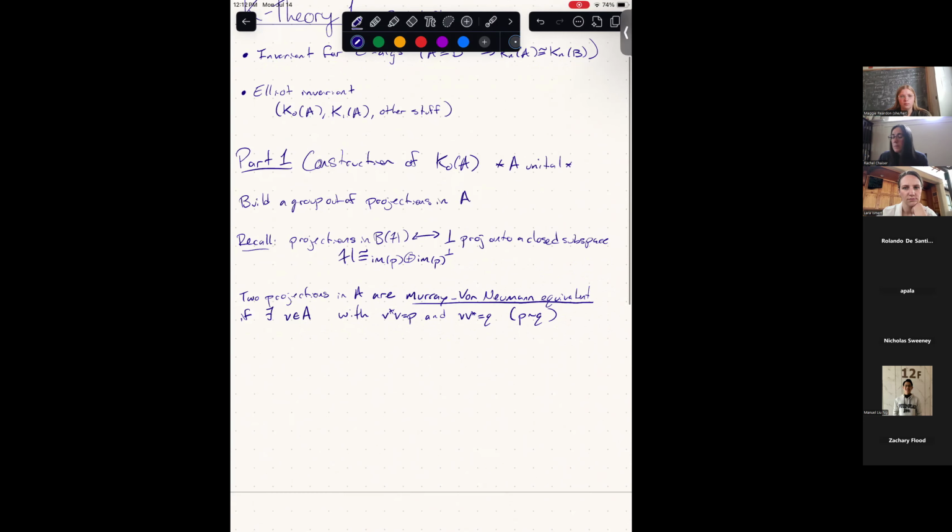So a couple of things about this. Maybe like a remark. I remember this being an exercise kind of early on in the notes, but when you have some element V where V star V is a projection and VV star is a projection, necessarily V is a partial isometry.